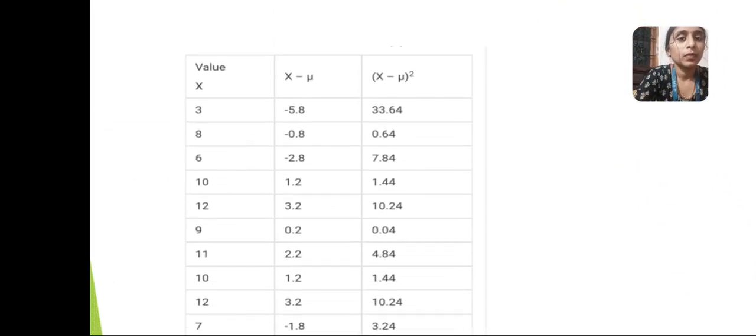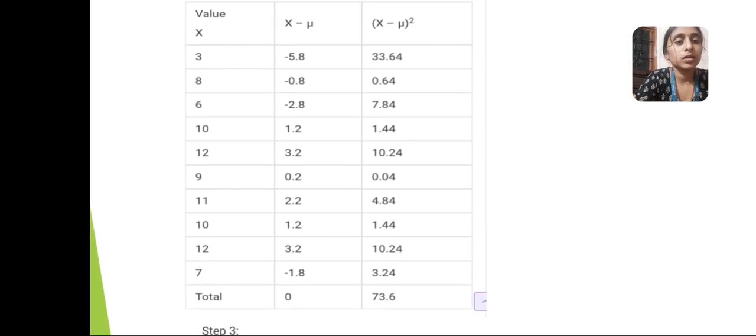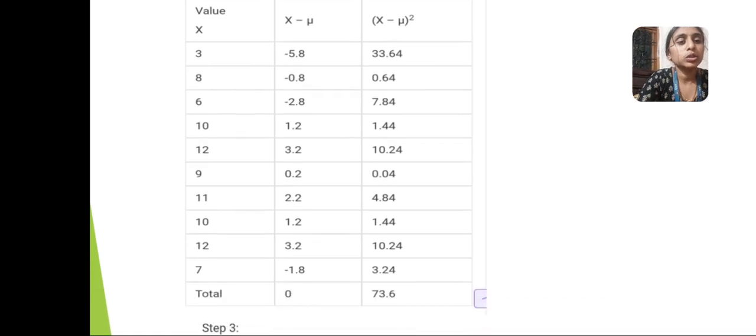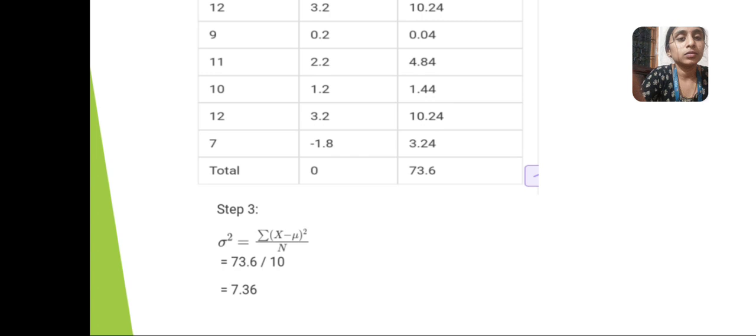The columns are the x values, the x minus mu values which are the deviations, and the squared deviation values. So the formula is variance equals the summation of (x minus mu) whole square divided by n.